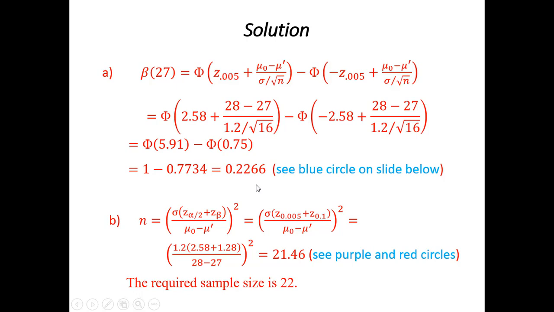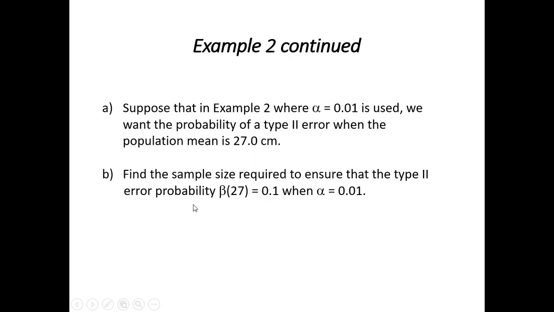So that's a fairly high beta. What one would do if you have a beta that high and you want to improve things is simply take a larger sample size. And in fact, that's what Part B gets at.